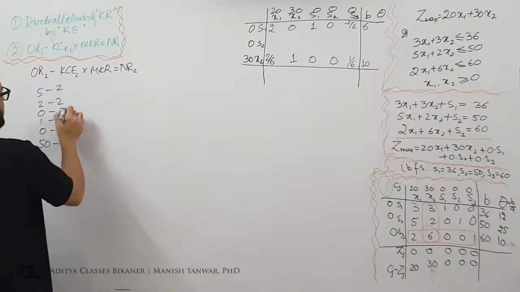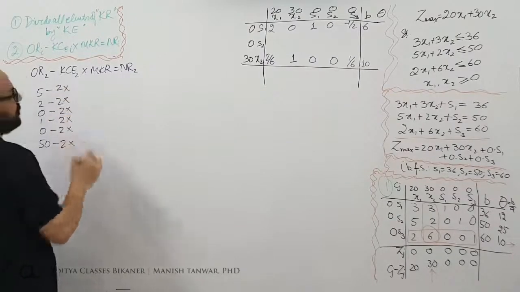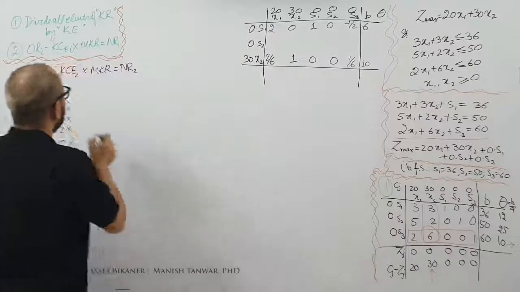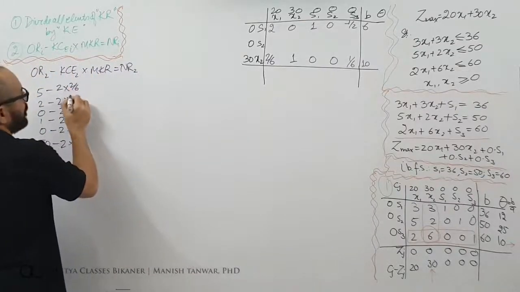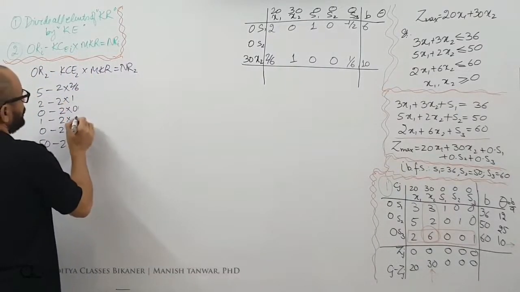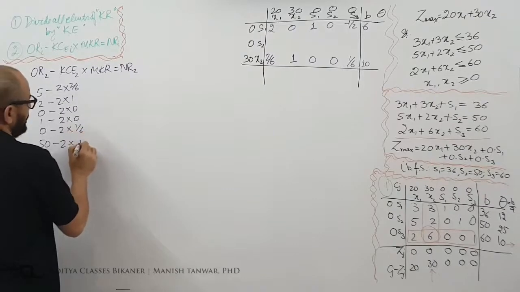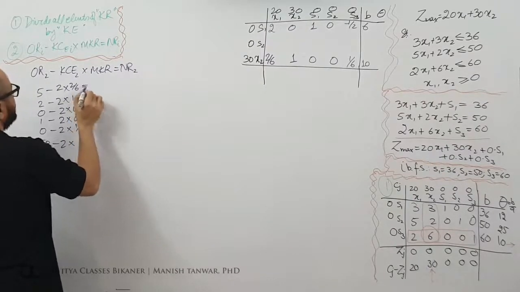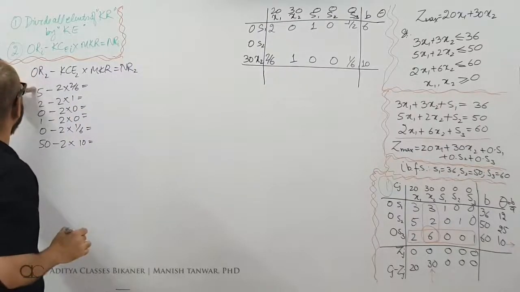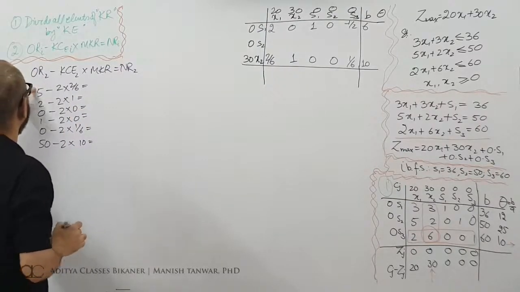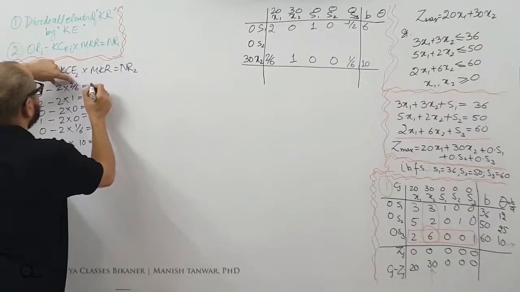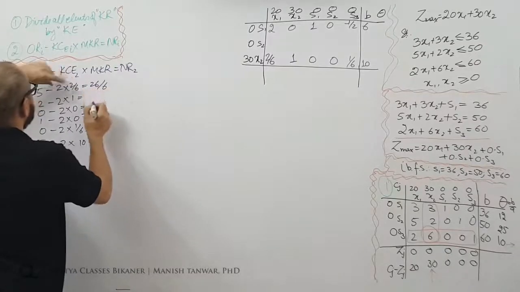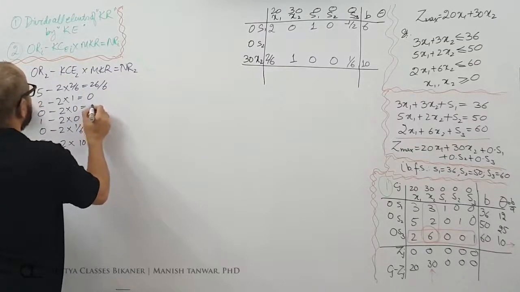Multiplied by the modified key row. The modified key row is here: 2 by 6, 1, 0, 0, 1 by 6 and 10. What are the values that I get? 30, 30 minus 4, 26 by 6. 2 minus 2 would be a 0.